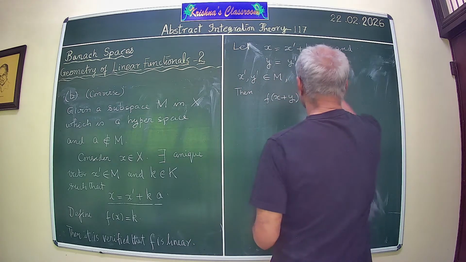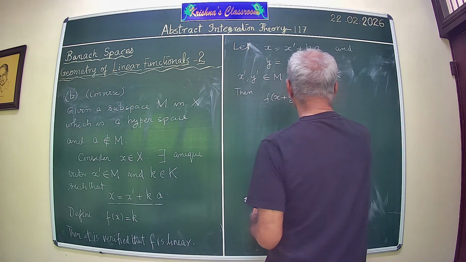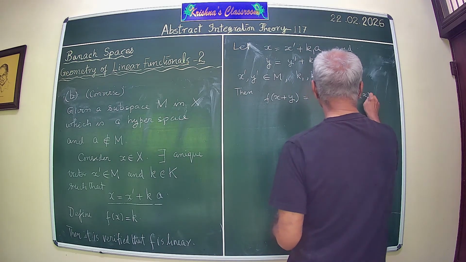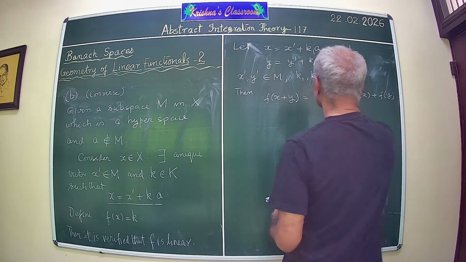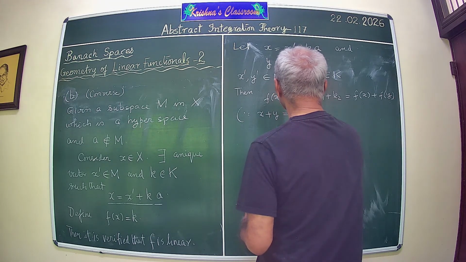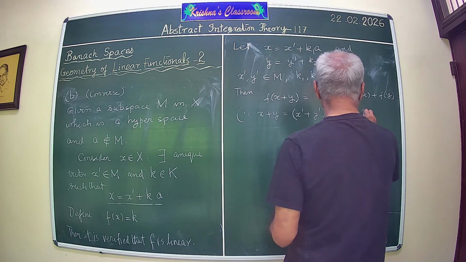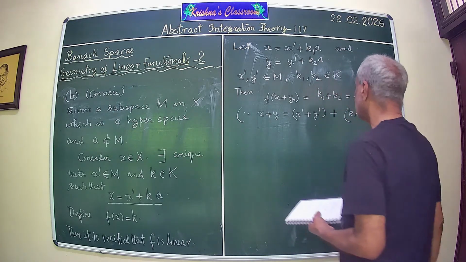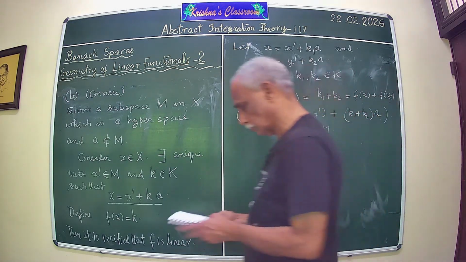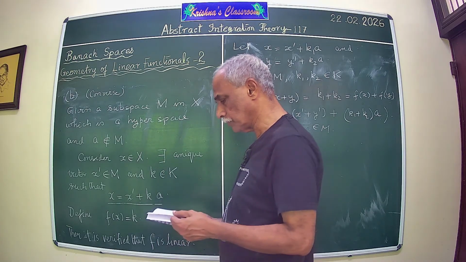This is equal to, because you get x plus y equal to y prime plus, this belongs to, so that completes the proof of the theorem.